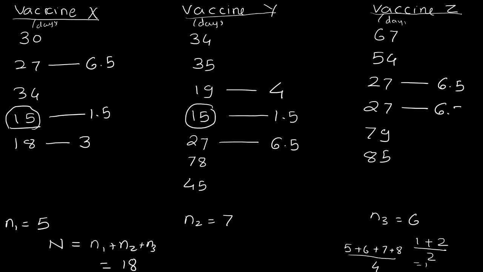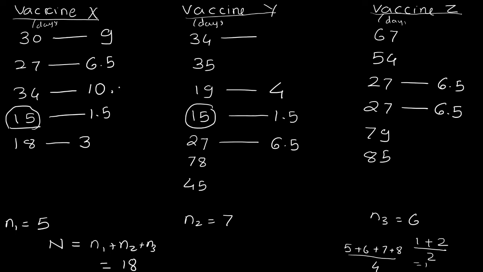Okay, 6.5. Now after 27, we have 30, that is from vaccine X, that will get rank 9. The next element after 30 is 34. Now 34 is twice, that is 34 in X and 34 in Y also. So the ranks are 10 and 11, and the average of 10 and 11 is 10.5.